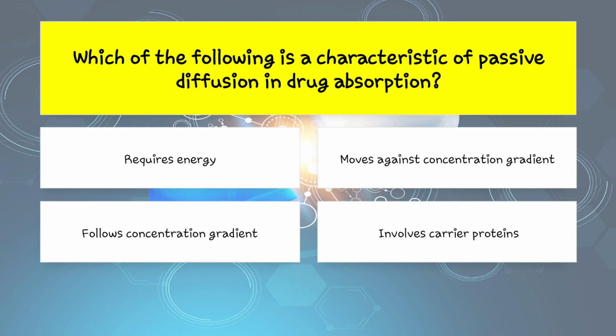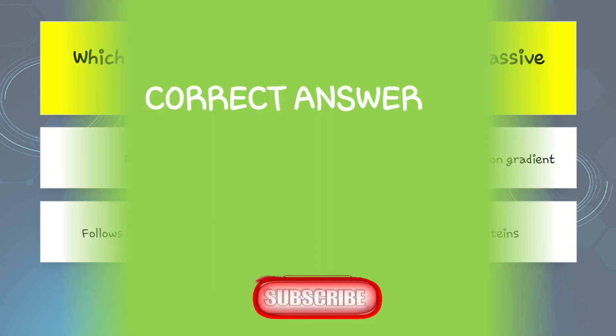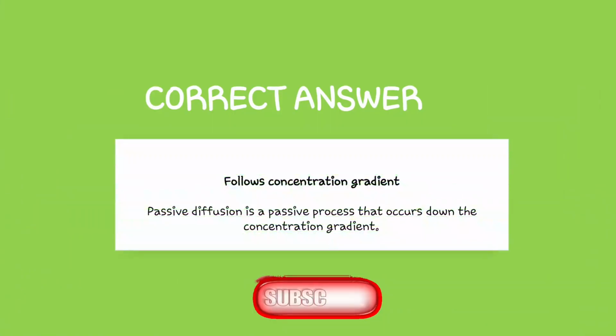So you can think for the correct answer. Time up. The correct answer for this question is follows concentration gradient, right? So passive diffusion is a passive process that occurs down the concentration gradient.